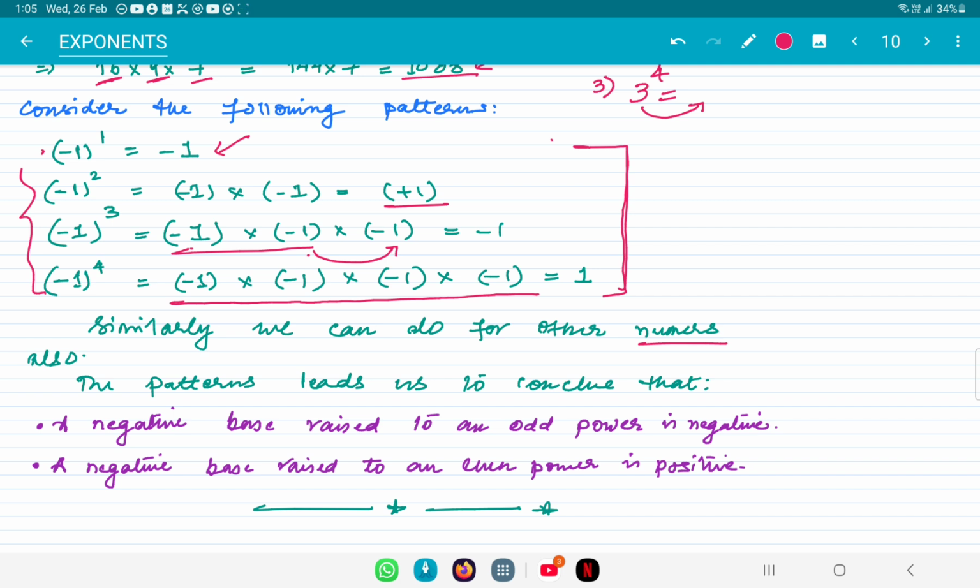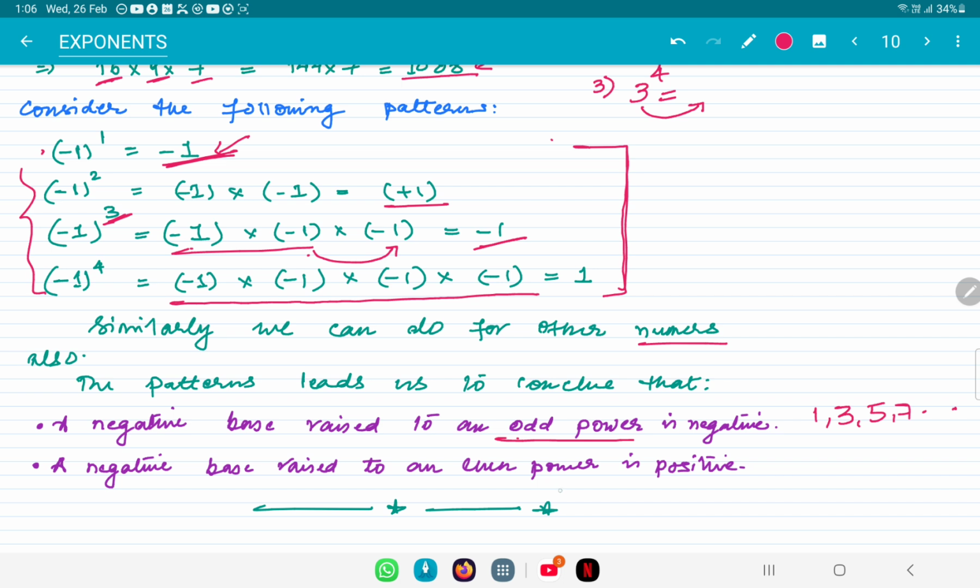Odd power means the power comes in the form of 1, 3, 5, 7 like this. Whenever it is 1, we get minus 1. Whenever it is 3, we get minus 1. So in general, a negative base raised to an odd power is negative.